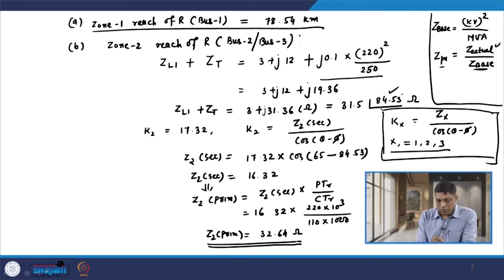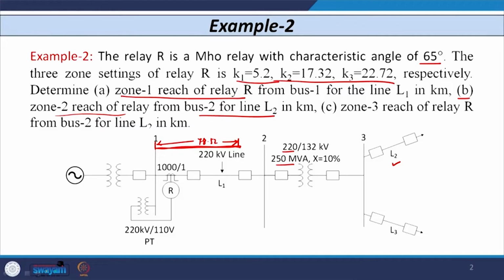Now, we need to find out the zone 2 reach of relay R from bus 2 or bus 3. Zone 2 reach of relay R starts from here, but after some time delay we need to find out for line L2, from this bus up to how many kilometers this reach will extend.